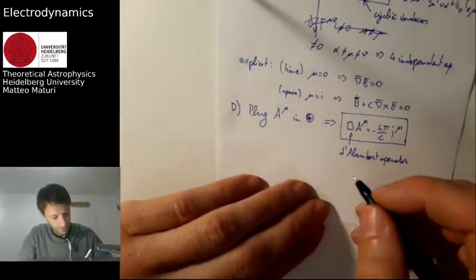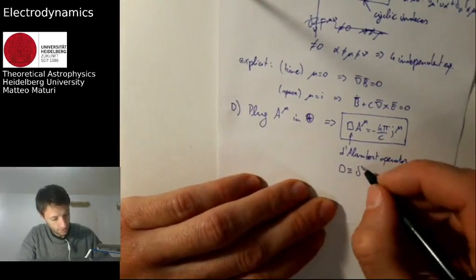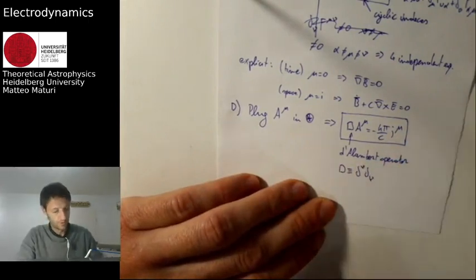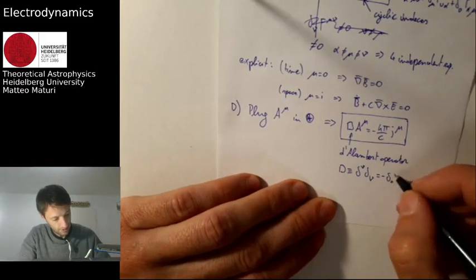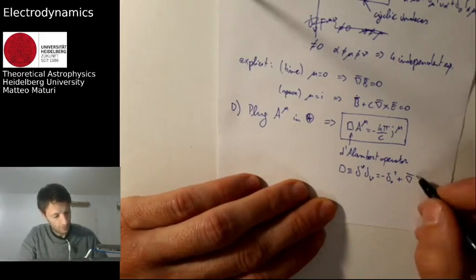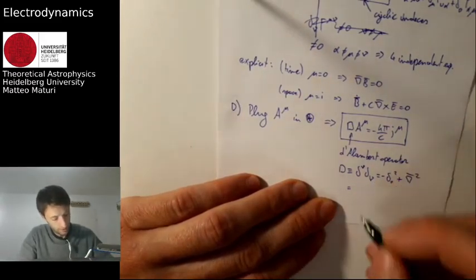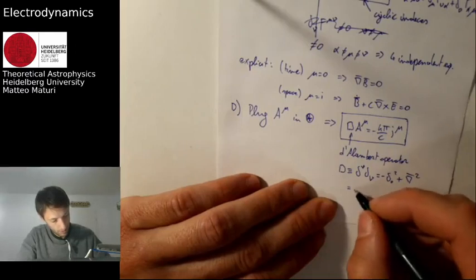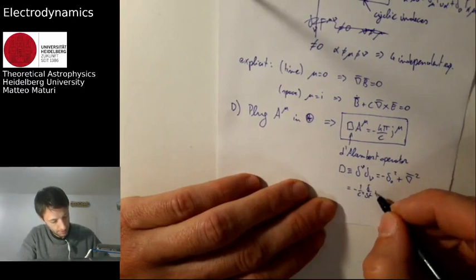Which is nothing but, let's define as d nu, which is equal to minus d0 squared plus the gradient squared. Okay, which if you want to be even more explicit, that is equal to 1 minus c squared d over dt plus the gradient.